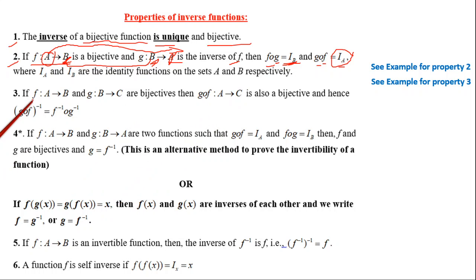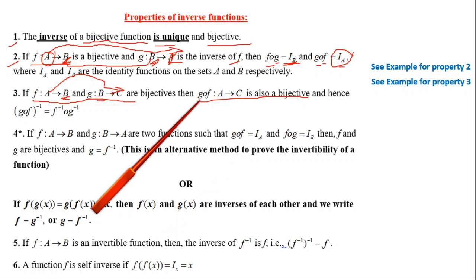So if we have f from A to B, g from B to C, and both are bijective, then as the codomain for f is B and the domain for g is B, we will have f composite g from A to C, and as f and g are bijective, f composite g will also be bijective.